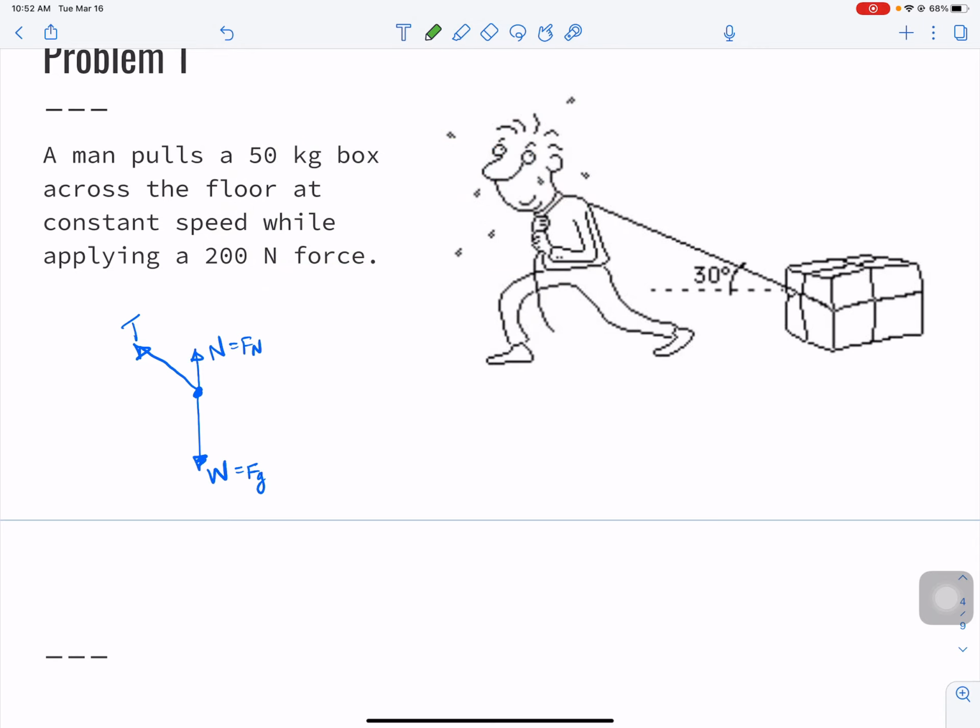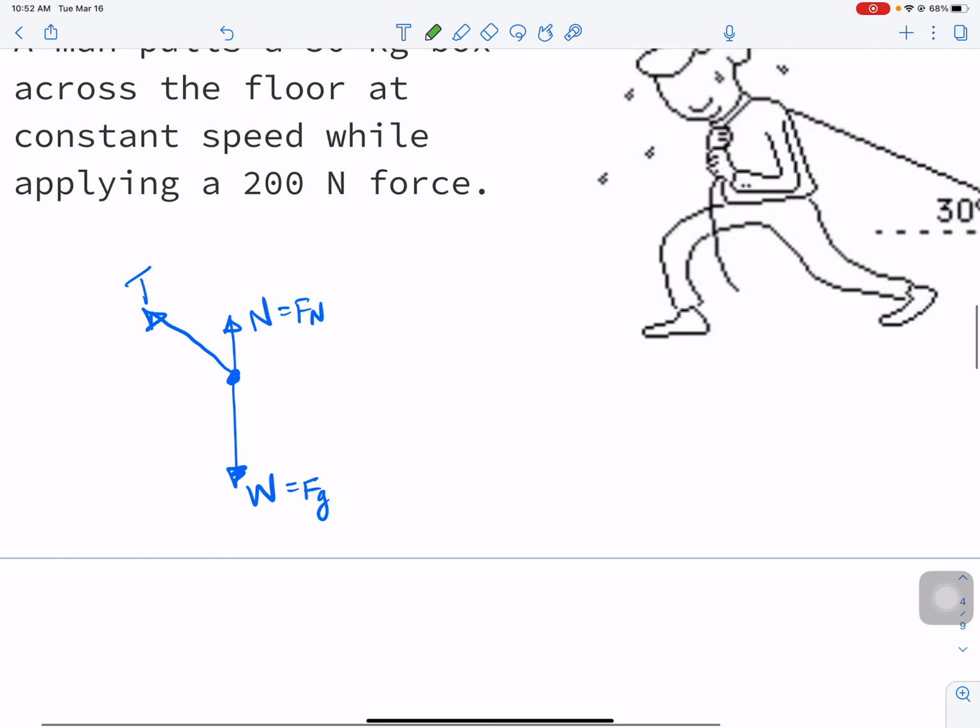Then we need to divide our tension into components. We're going to have a component of tension in the x direction, and a component of tension in the y direction. And we find those components using trigonometry. So this is my angle theta. And so I know that the sine of theta is equal to Ty over T. And we know that T is 200 newtons.